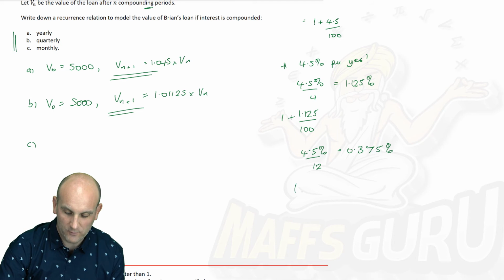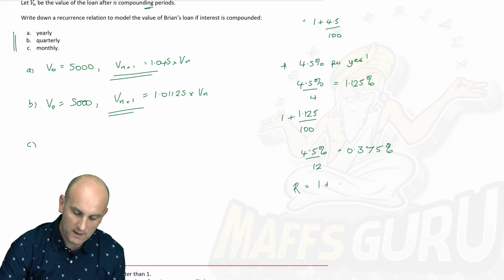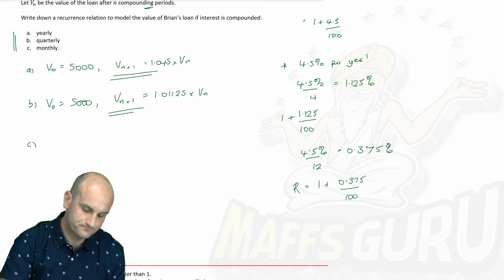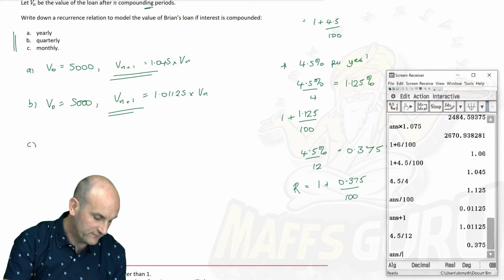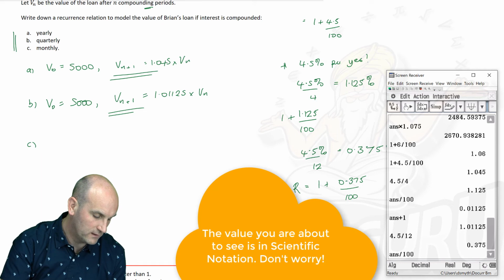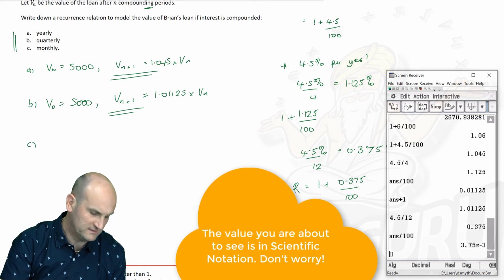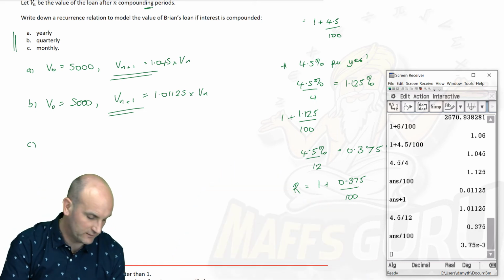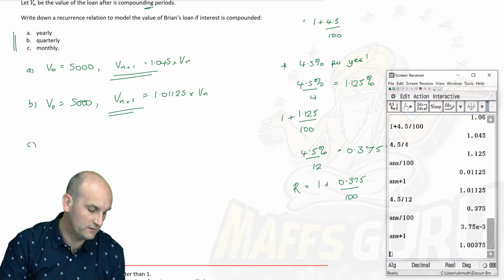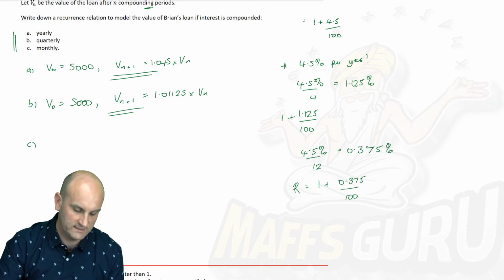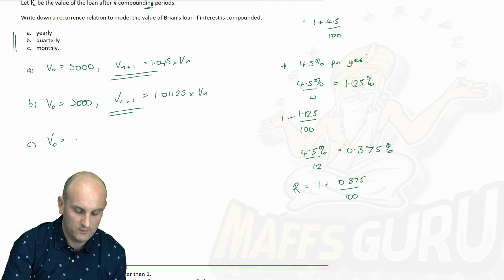And I know I'm going to have to work out my R value to give me 1 plus 0.375 on 100. So let's take that value, divide it by 100, press enter. And ooh, that value looks disgusting. That's your calculator trying to show off. Add the 1 gives me 1.00375.